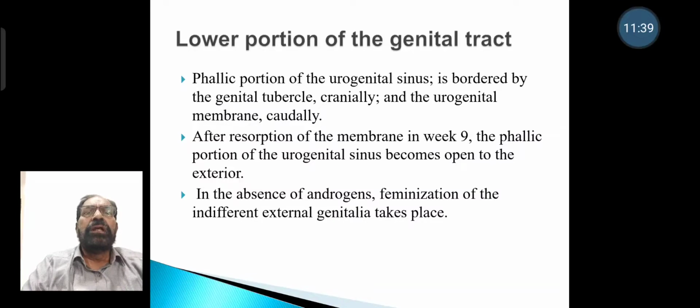The phallic portion of the urogenital sinus is bordered by the genital tubercle cranially and the urogenital membrane caudally. After resorption of the membrane in week 9, the phallic portion of the urogenital sinus becomes open to the exterior. In the absence of androgens, feminization of the indifferent external genitalia takes place.